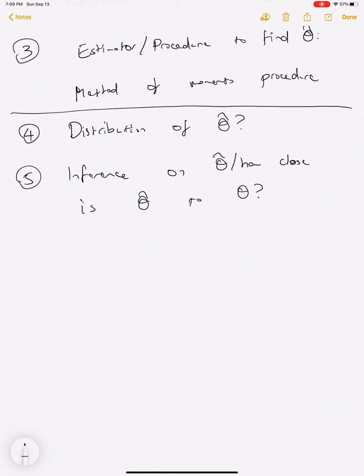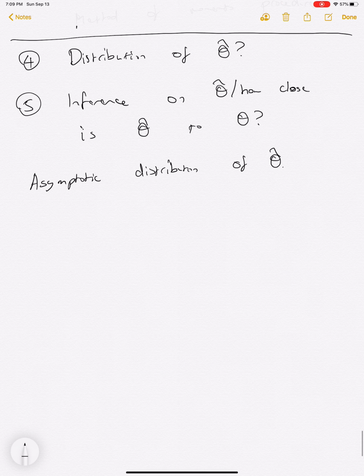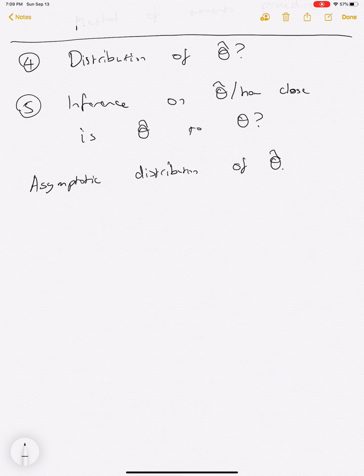In particular, is there some way we can get an asymptotic distribution for theta hat? And I'm going to now use some notation here.